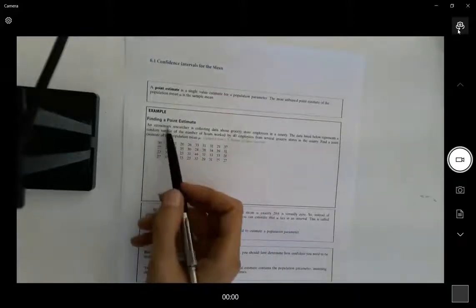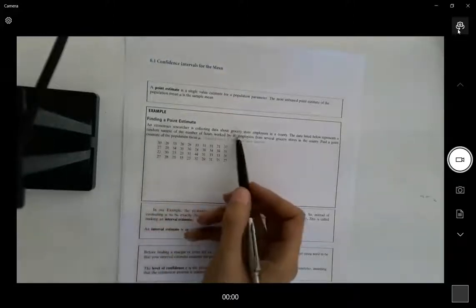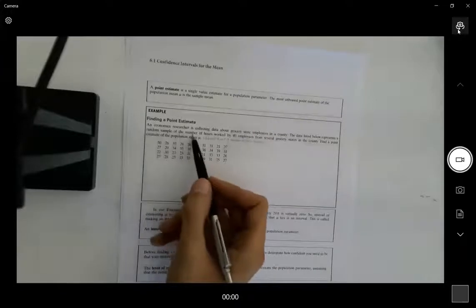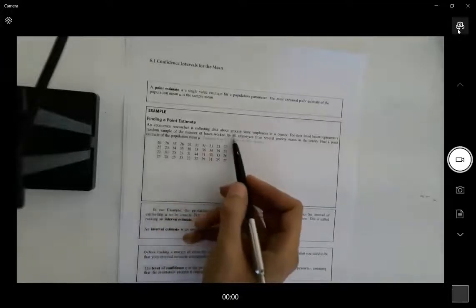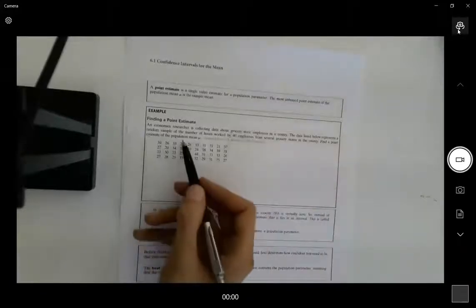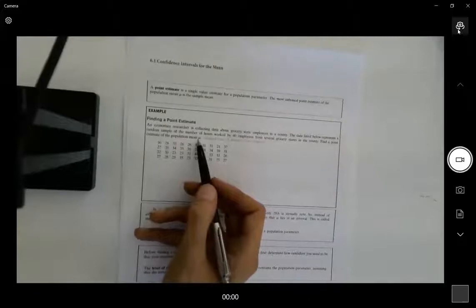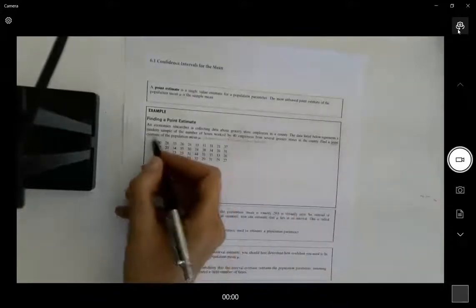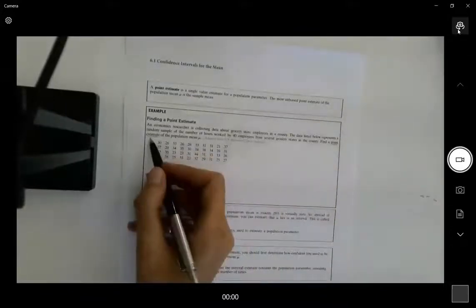An economics researcher is collecting data about grocery store employees in a county. The data listed below represents a random sample of the number of hours worked by 40 employees from several grocery stores in the county. Find a point estimate of the population mean. Okay, we're just finding a point estimate. We're not finding the confidence interval, just the point estimate.